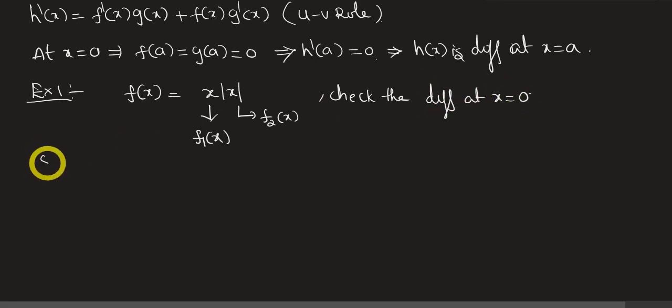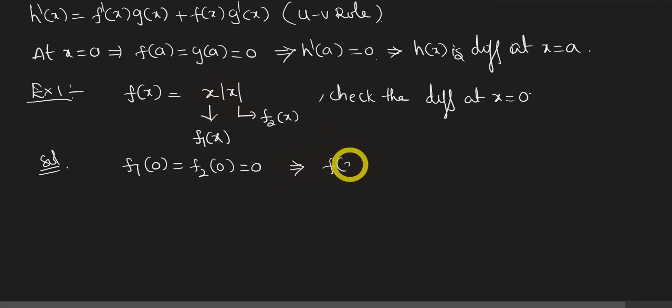So simply, in the first function you substitute x = 0, f1(0) and f2(0), both are equal to 0. So x equal to 0 and mod 0, both are equal to 0. Then we can conclude that f(x) is differentiable at x = 0.